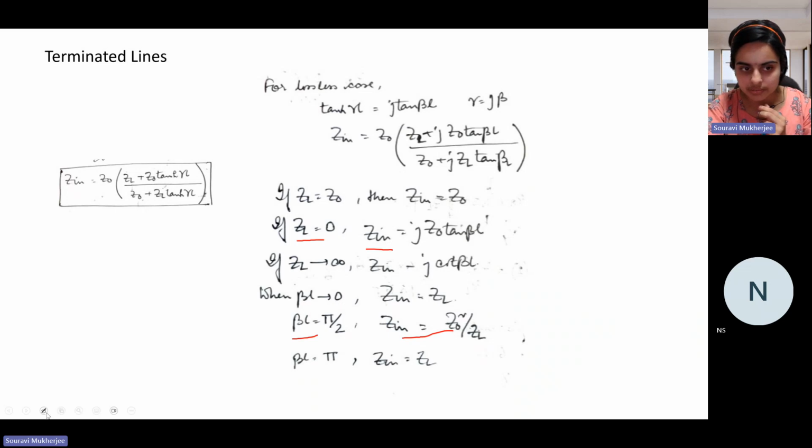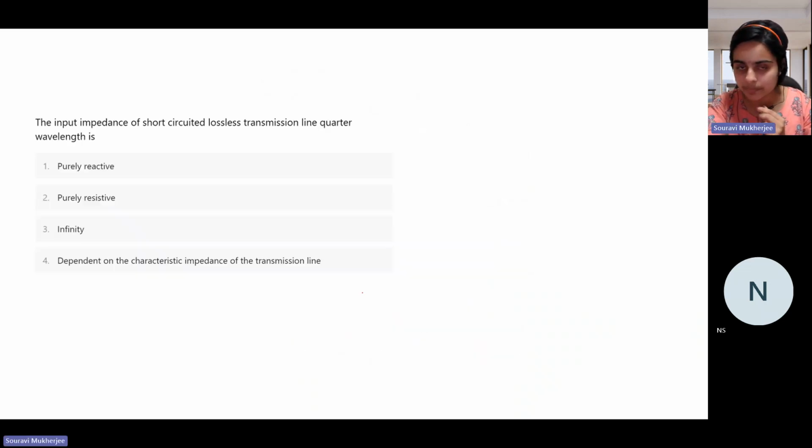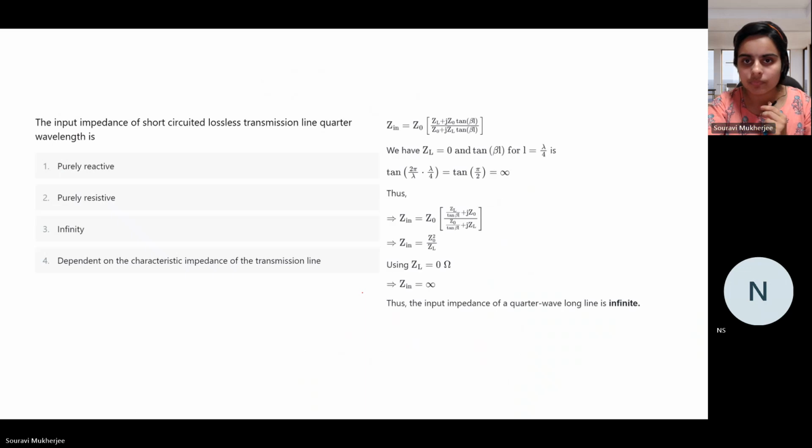So let's look at the solution now. You can look at it as something like this, right? It's basically this expression. This is what we saw, right? Now what it is said is that it's short circuited, so ZL is equal to 0.